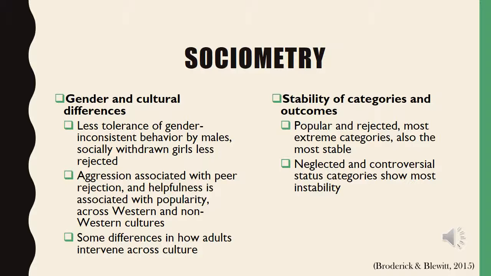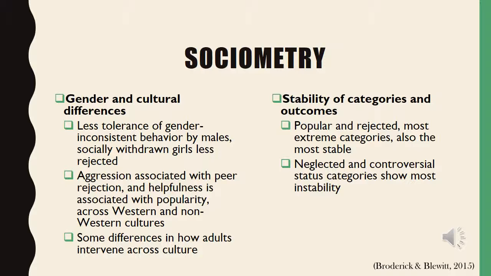So the idea of girls being socially withdrawn, they are going to be less rejected than maybe males that are socially withdrawn, because other boys are expecting males to be assertive or to be aggressive. And then aggression has been associated with peer rejection, and helpfulness associated with popularity across both Western and non-Western cultures.